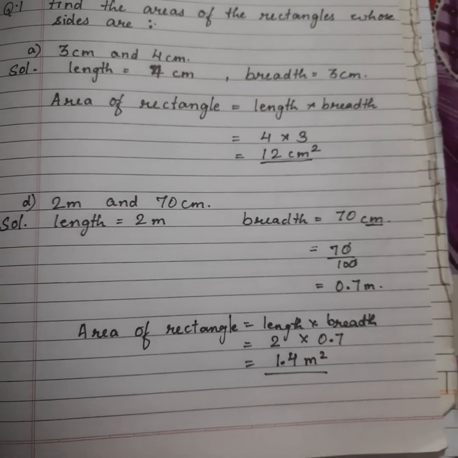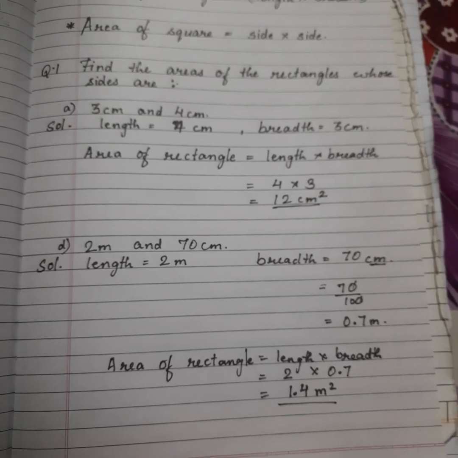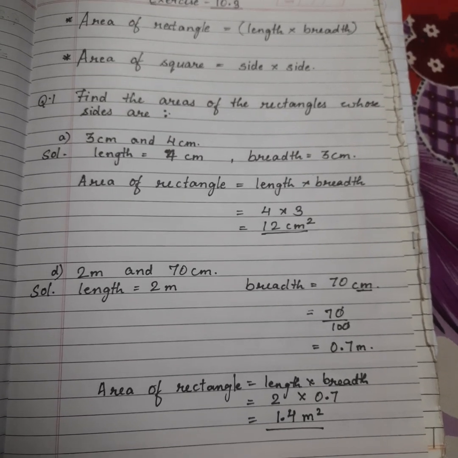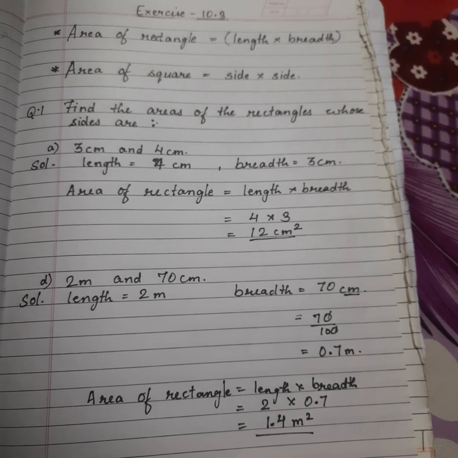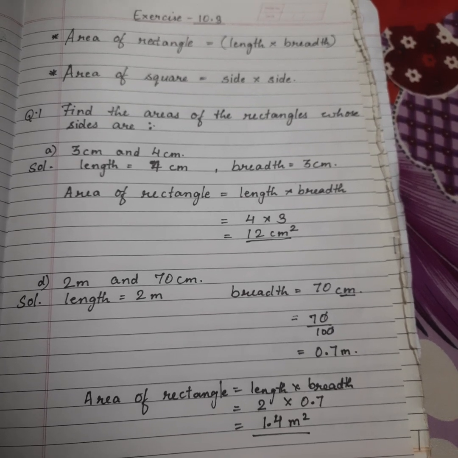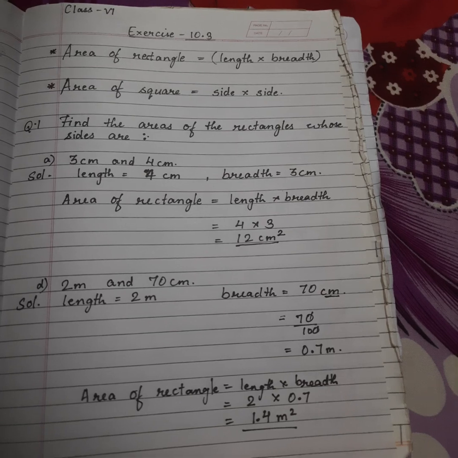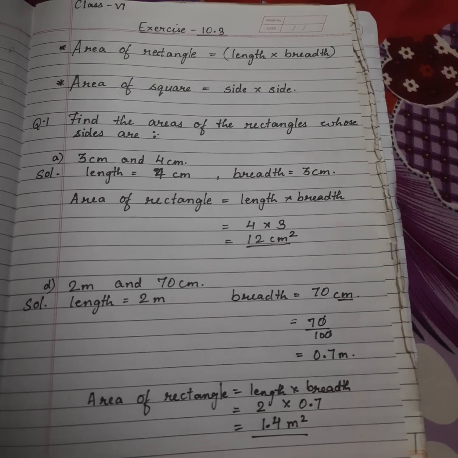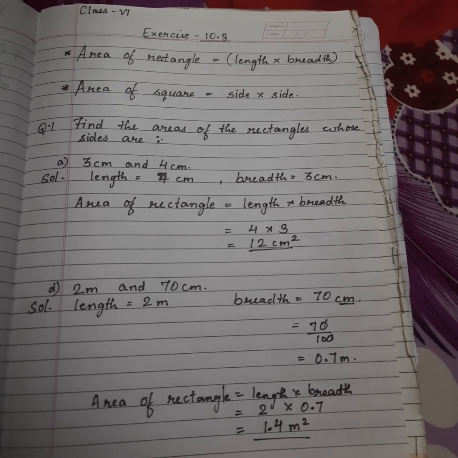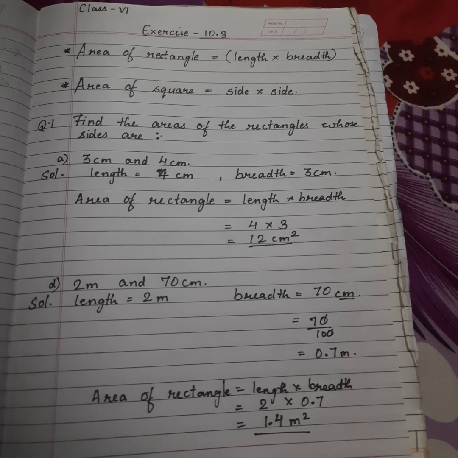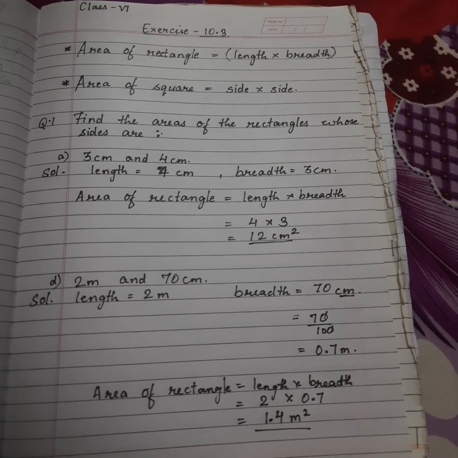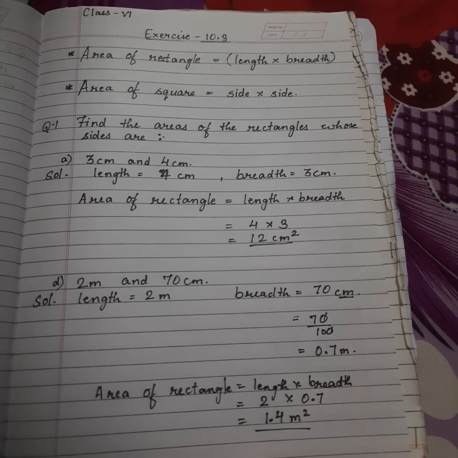Clear? So this way you have to solve and do question number 1. I'm not going to send the PDF of this. You have to directly pause the video and copy these things into your fair book.